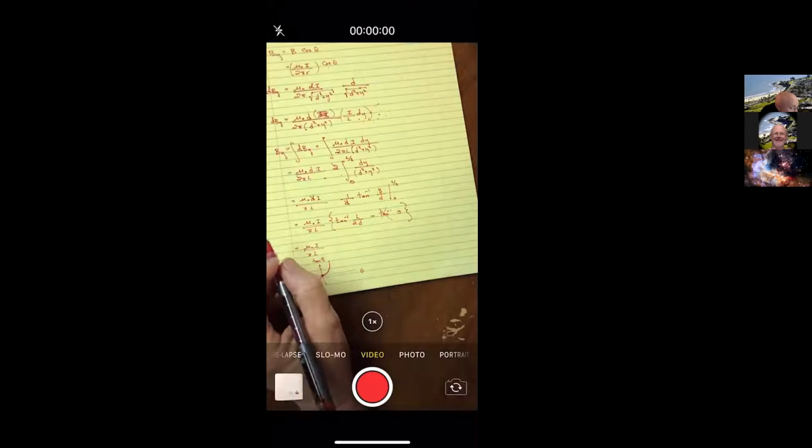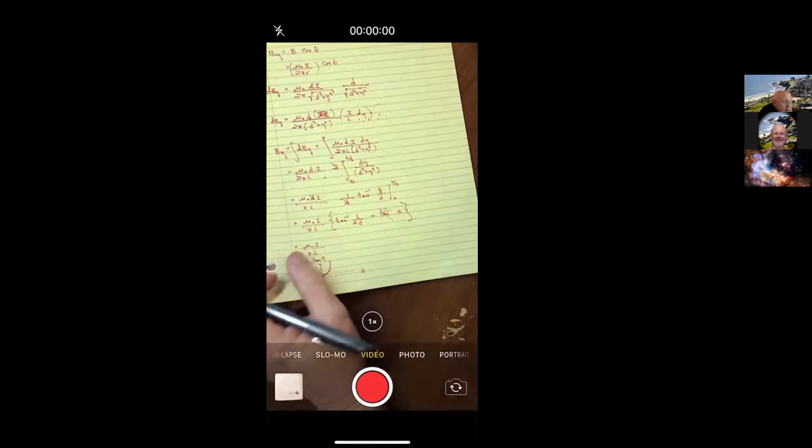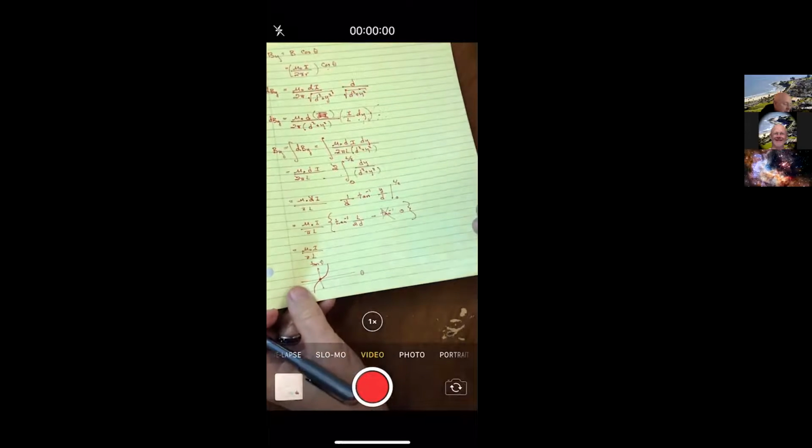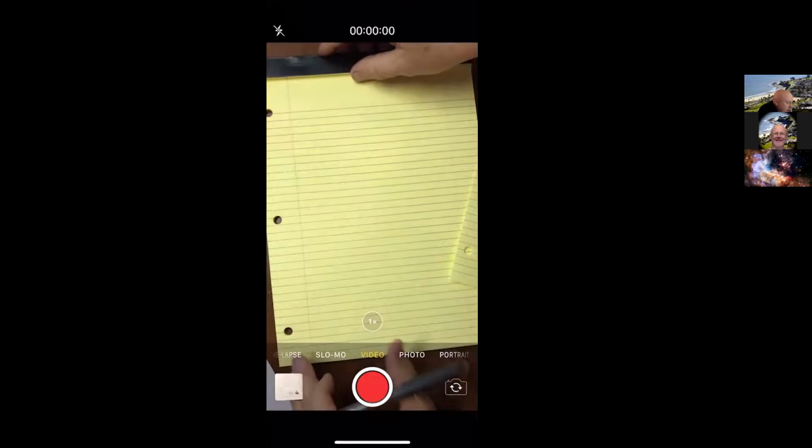Inverse tangent of L over 2d. Maybe I should draw another picture here.